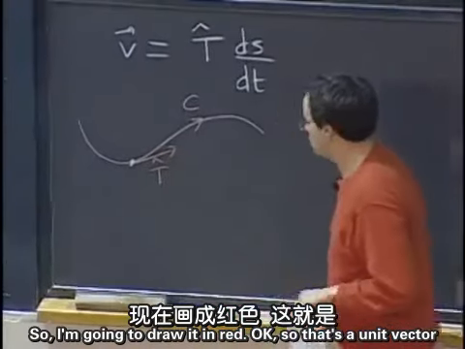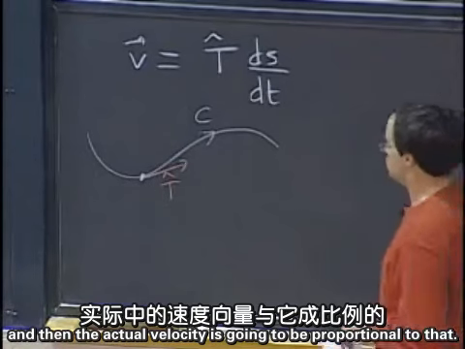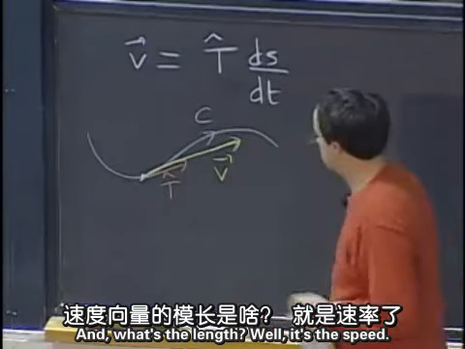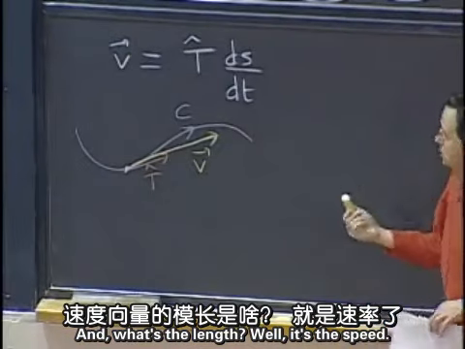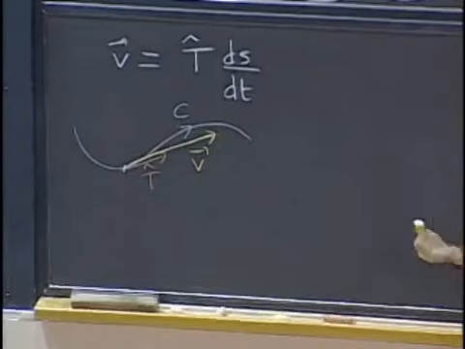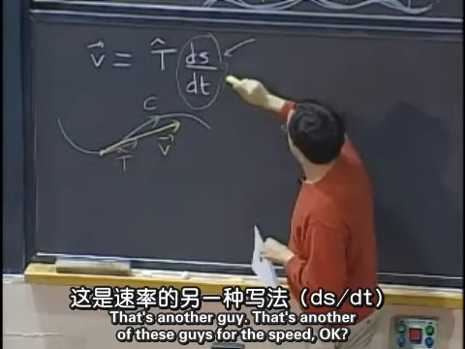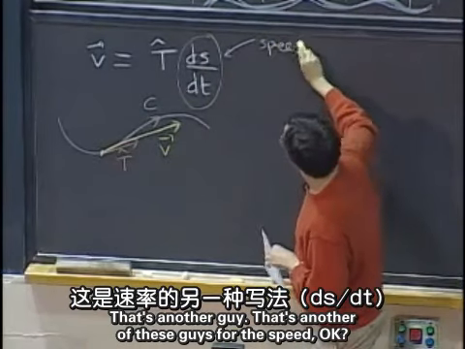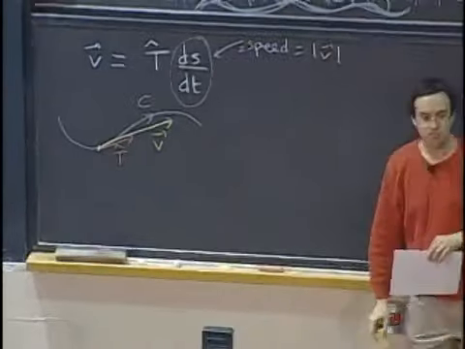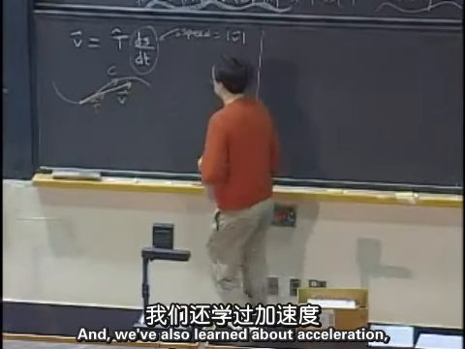So that's a unit vector that goes along the curve, and then the actual velocity is going to be proportional to that. And what's the length? Well, it's the speed, and the speed is how much arc length on the curve I do per unit time, which is why I'm writing ds dt. That's another disguise for the speed. And we've also learned about acceleration.